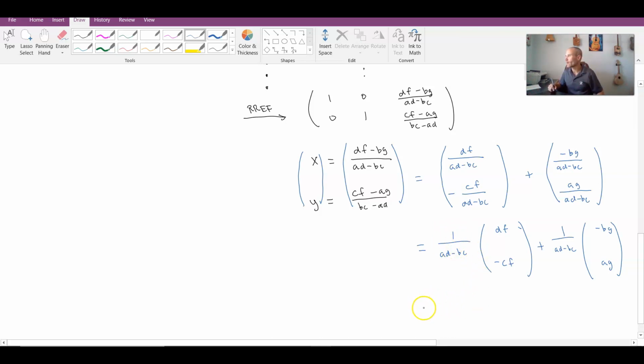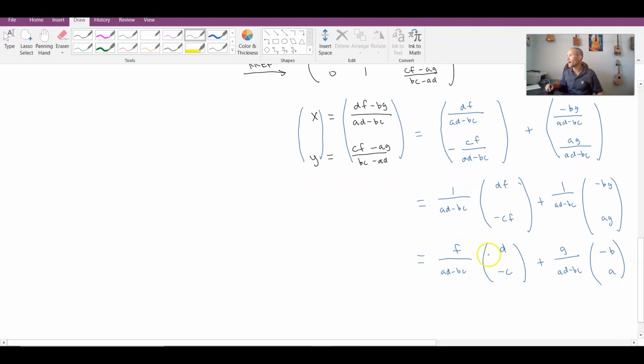So let me write it out like this. This can further be written as F over AD minus BC times the D, negative C vector, plus G over AD minus BC times the negative B, A vector.